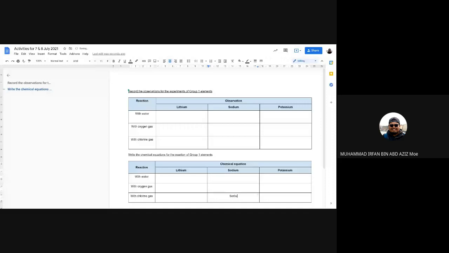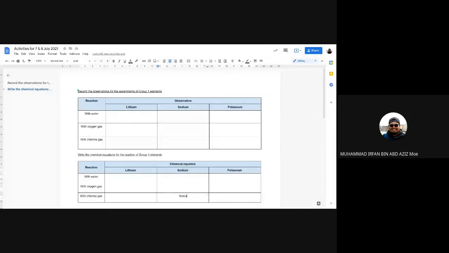This is template ke? Alamak, boleh cikgu tersilap ubah template. Oh, okay.